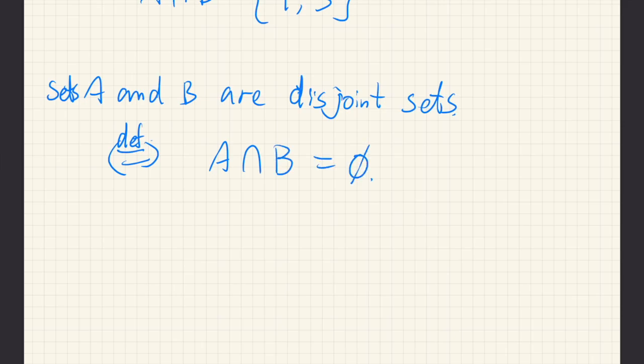Okay, so that means these two sets A and B have no elements in common. So their common part is empty, no elements. So in that case, we say A and B are disjoint, or they are disjoint sets.